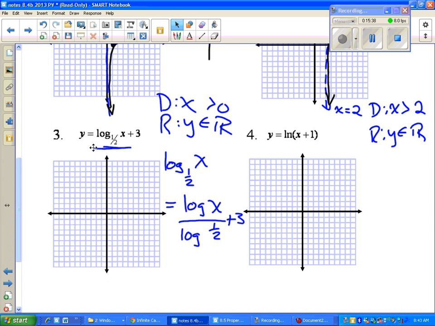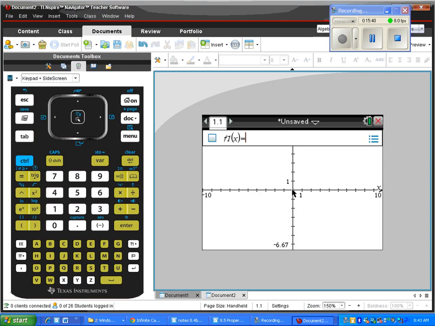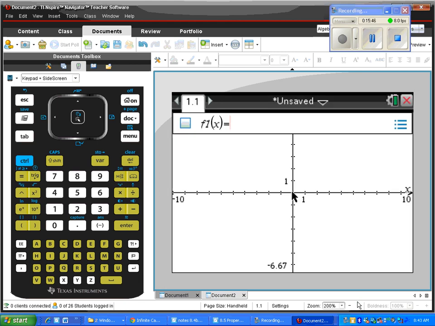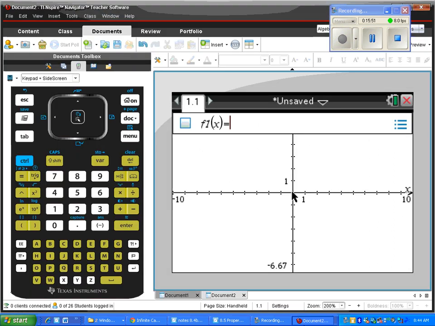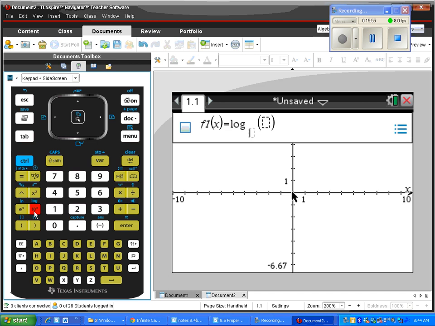Okay, so I'm going to go to my calculator, and I'm going to make this bigger. Log x. So under F1, I'm going to hit log. I'm going to hit control log. I'm going to assume base 10. And it's log, it was of 1/2, so 1 divided by 2. That's wrong. I'm sorry.